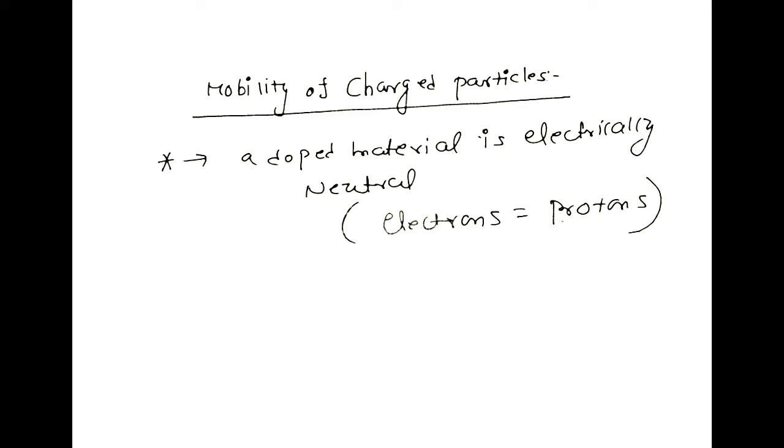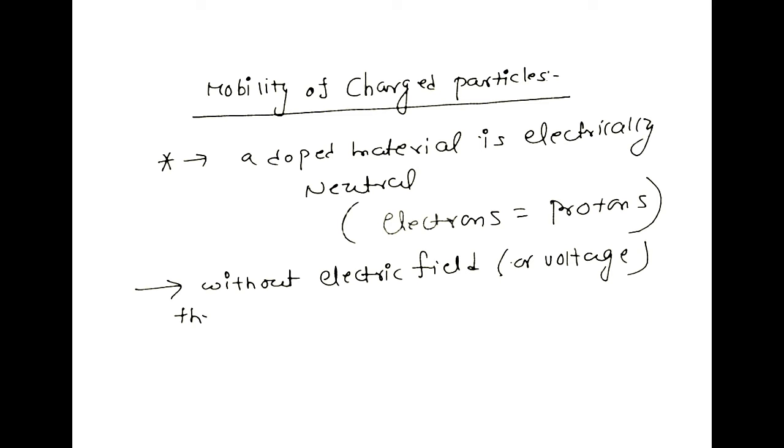That's why a doped material is electrically neutral. Without any electric field or applied voltage, there cannot be any current in the material.